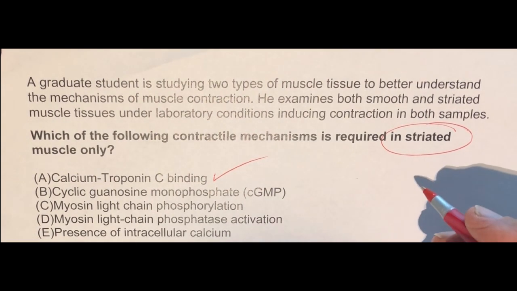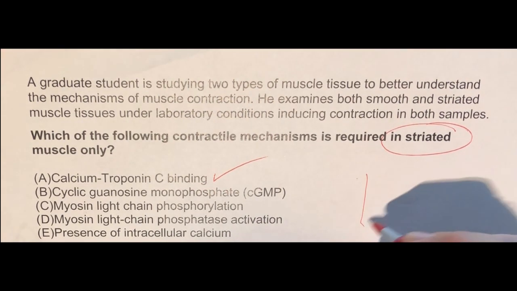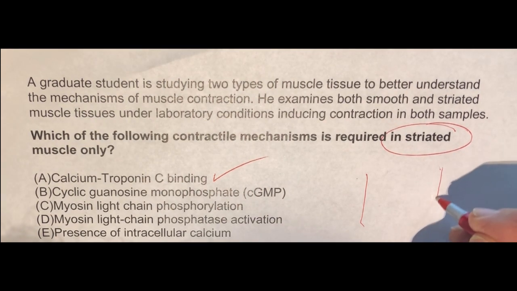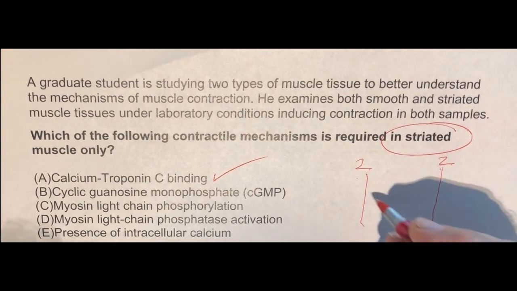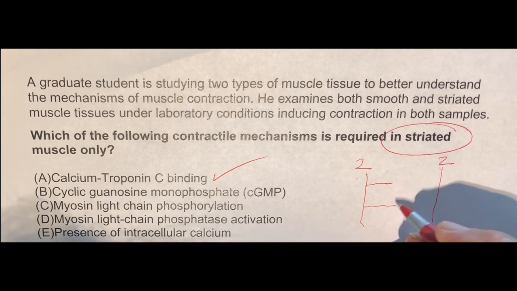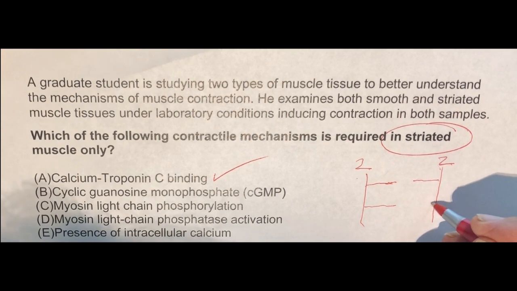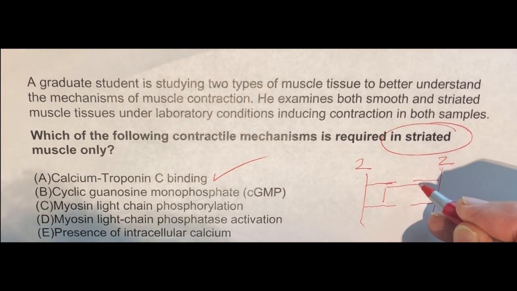So if we look at calcium troponin binding, we know that troponin, here's a sarcomere in striated muscle, and these are Z lines, and actin is attached to the Z lines. Those are the thin filaments. This is the contractile mechanism according to the sliding filament theory.